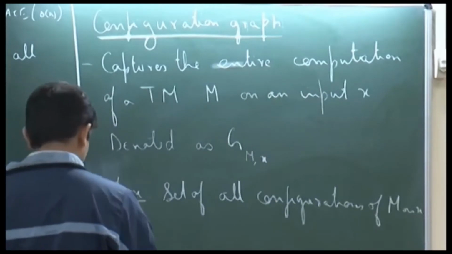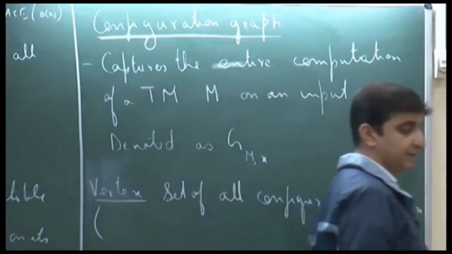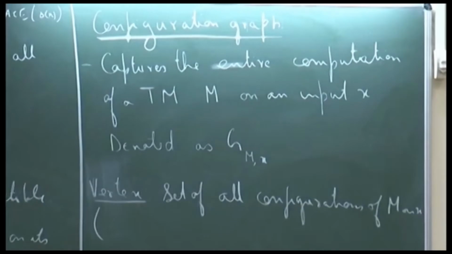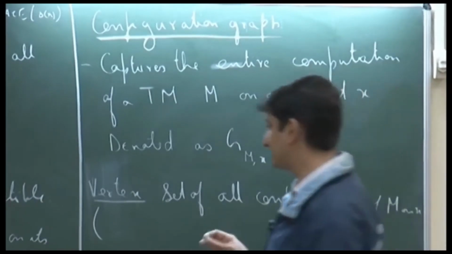So, what are the factors on which the configuration of a Turing machine depends? It depends on the current state.